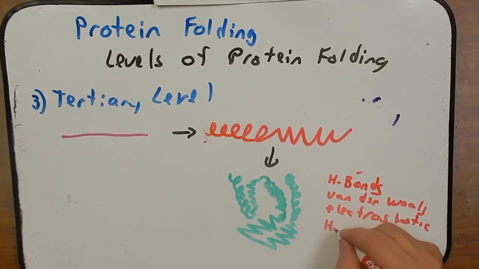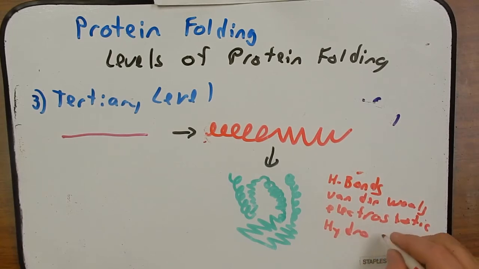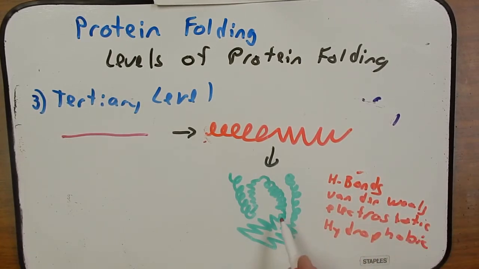and perhaps the most important, it's hard to say one's more important than the other, but this is really critical for the folding of this tertiary level of the protein. And that are these hydrophobic interactions, where the necessity to place these nonpolar amino acids in the middle of this protein, due to the fact that the aqueous solution around here is interacting with these polar residues, pushing those nonpolar residues into the middle of the protein.